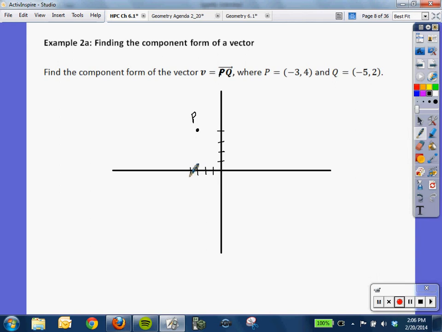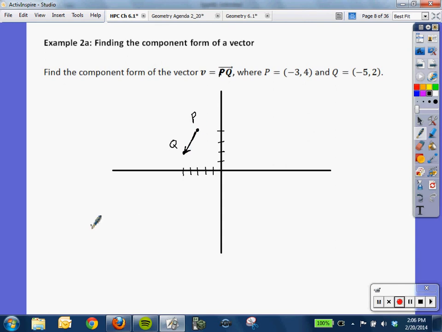So we go out -5, and then +2 is this point here. So this is the Q value here. So vector PQ goes in this direction, like so.